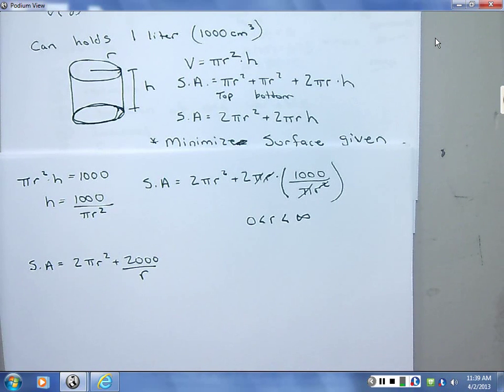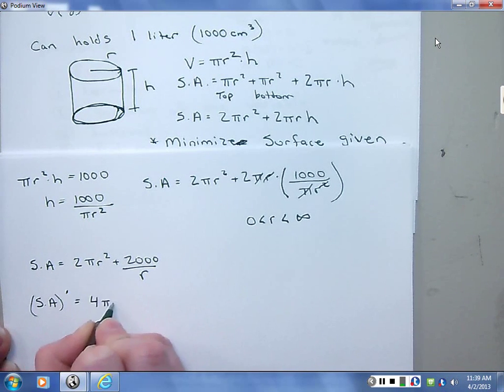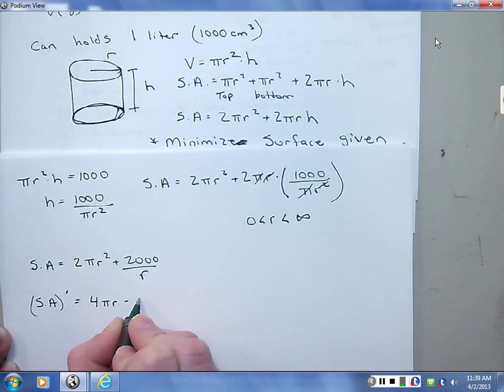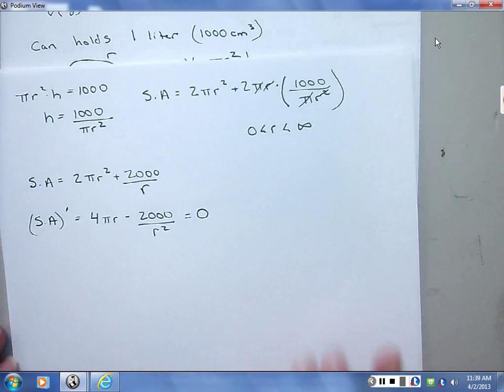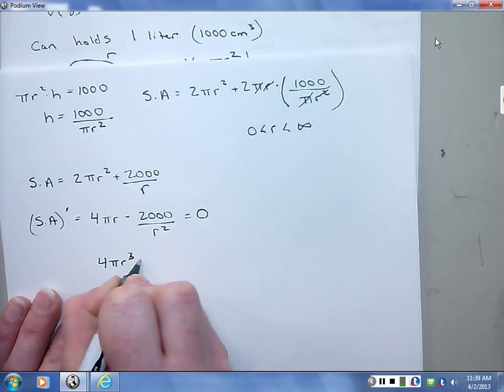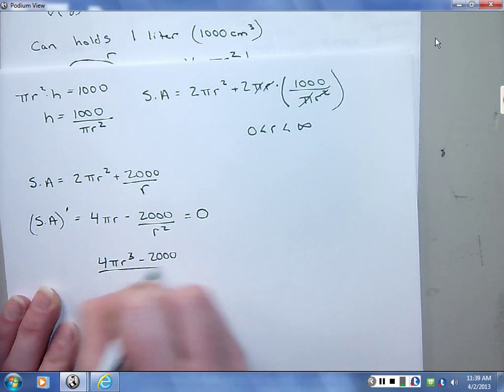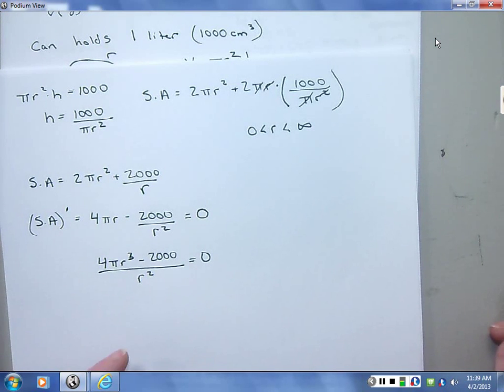Now I need to differentiate this. What's the derivative of surface area? Well, that's going to be 4 pi r minus 2,000 over r squared. Set that equal to 0. Find a common denominator. I get 4 pi r cubed minus 2,000 over r squared equals 0. So the denominator can never equal 0, so the numerator has to equal 0.